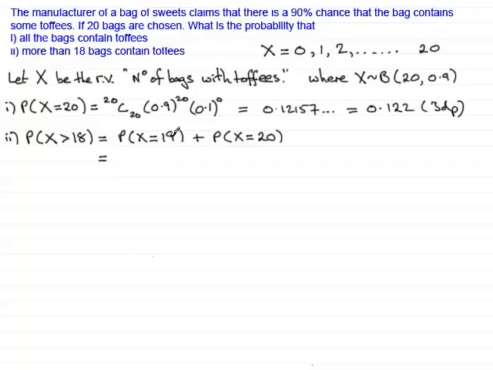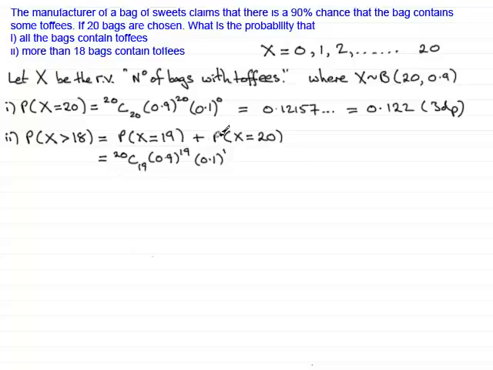If we now use the formula for the probability X equals 19, it will be from 20 trials, choose 19 successes. Probability of success is 0.9, and that's repeated 19 times over. Probability of failure is 0.1, and that would only occur once.